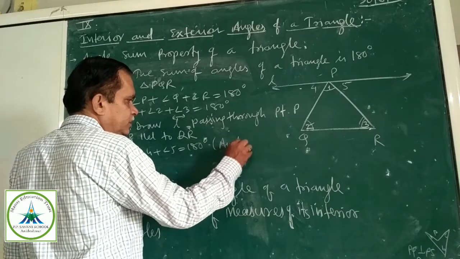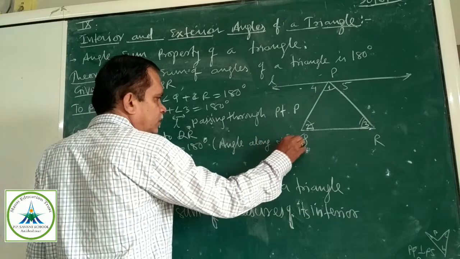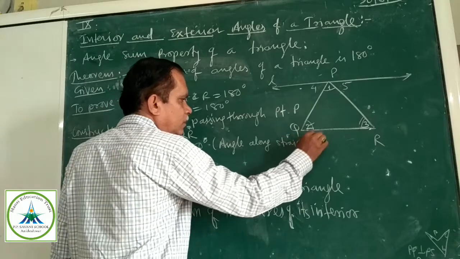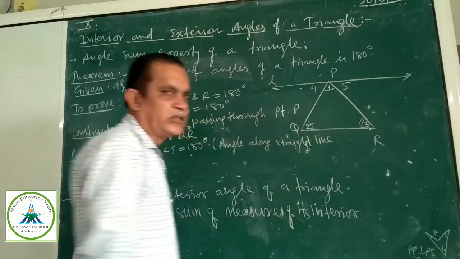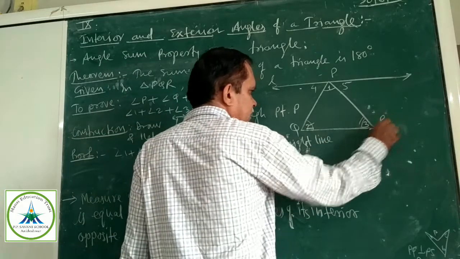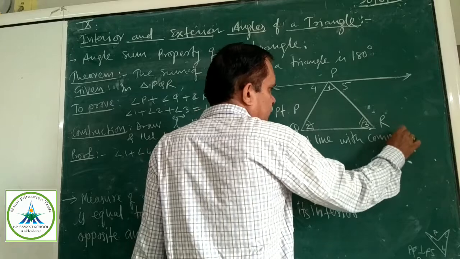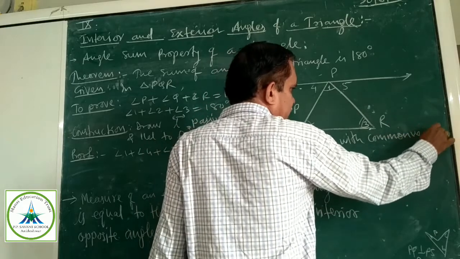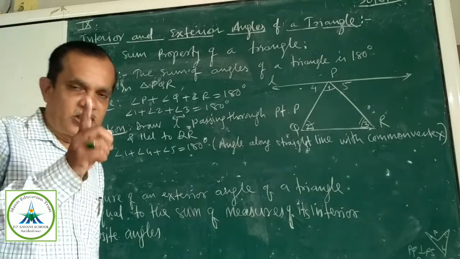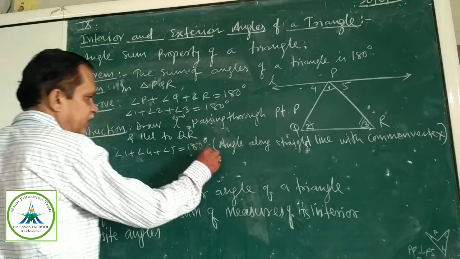Angles along a straight line with a common vertex. This is very important. Otherwise, as a matter of concept, maximum students are failing to do the answer. Okay, now suppose let us take this number 1.